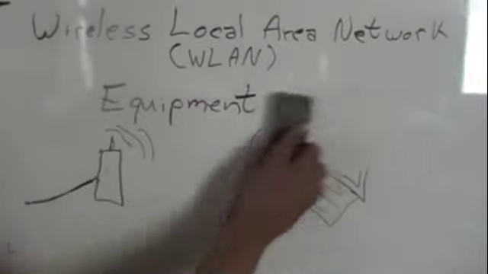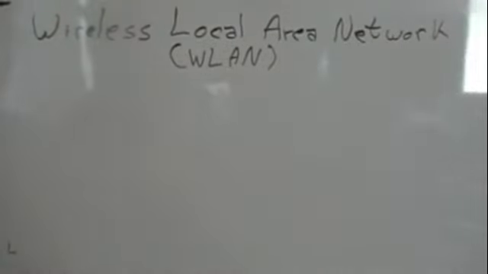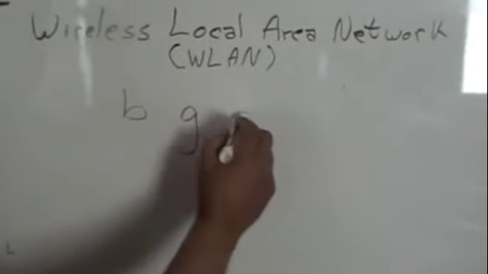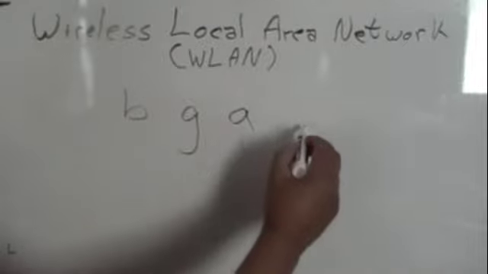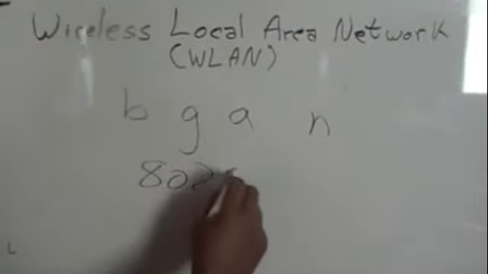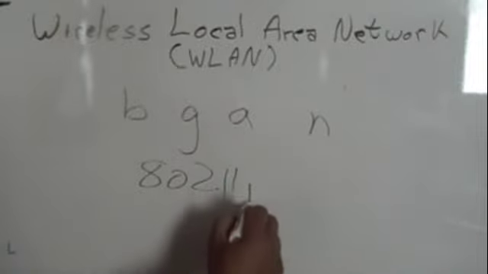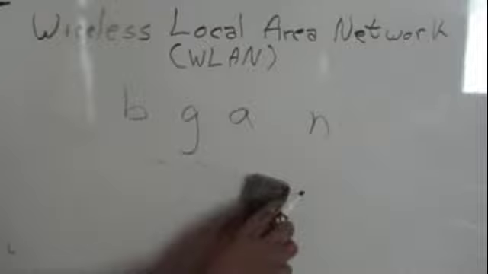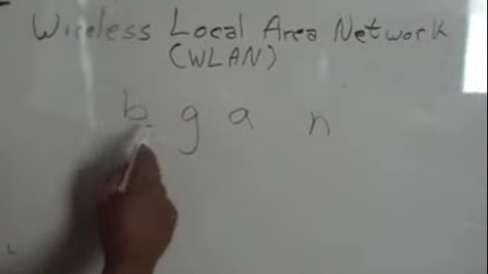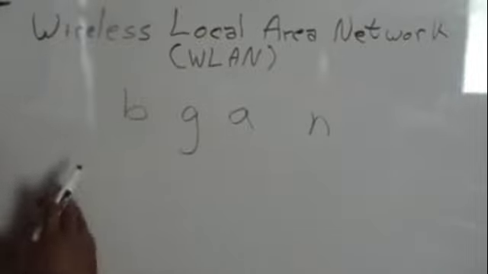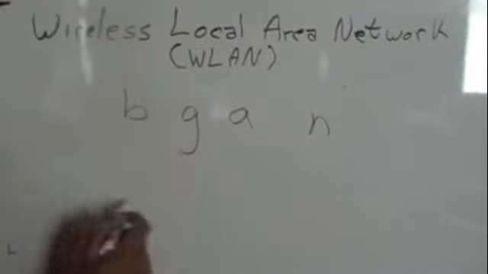Now, the basic modes of operation is kind of interesting because when you see these things, you see letters B, G, A, and sometimes N. They're usually written like 802.11b or something like that. What does that mean? Basically, these are different frequency ranges and different modulations of how the information is broadcast through the air.